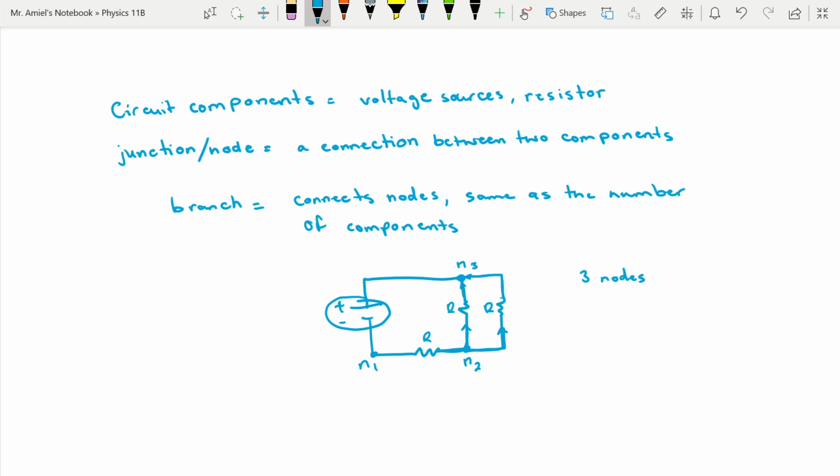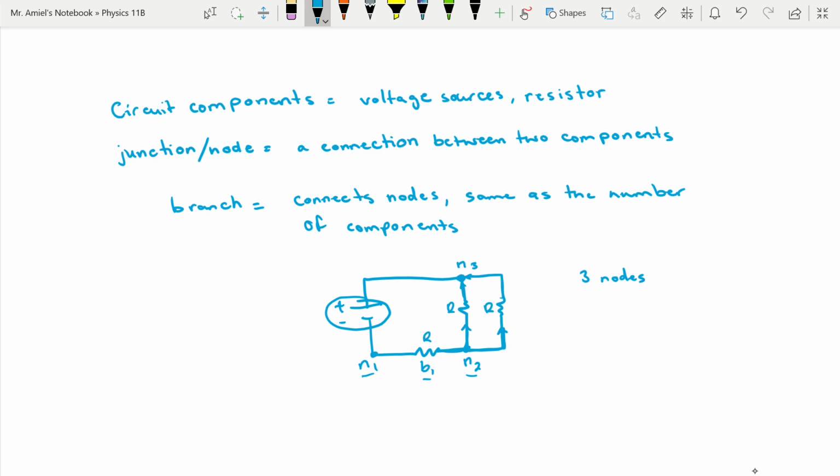And we can talk about branches too, and we said this is going to be the same as the number of components, and it's going to connect nodes. So we have this resistor here, this is branch 1 connecting these 2 nodes. Node 1 and node 2 are connected by branch 1.